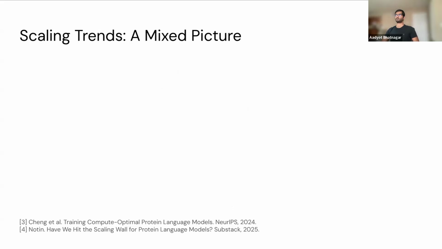Now, oh, sorry, was there a question? Okay, yeah. So maybe now taking a step back, in NLP, one of the most common ways that people use to improve these models is through scaling up. Oh, I think the slide is gone. Okay. Let's try that again.